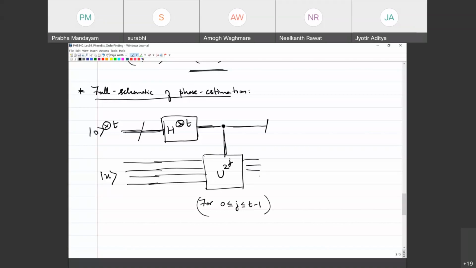The ancillas don't matter, they are just there for the ride. You have to do the inverse Fourier transform here. So that is QFT dagger. And then you do a measurement where you measure each of these qubits in the standard computational basis. So it's very simple. It's just you measure in the 0, 1 basis. Each of these t data qubits is to be measured in the 0, 1 basis.